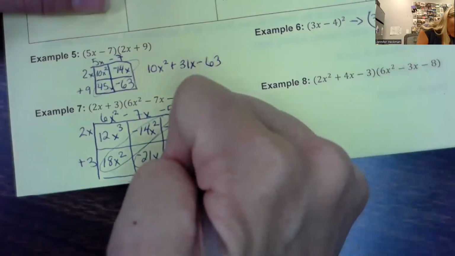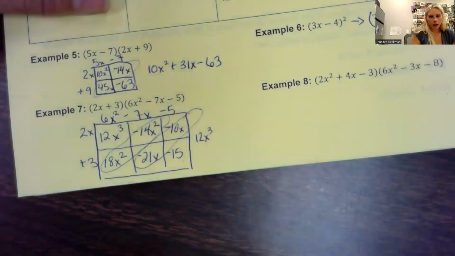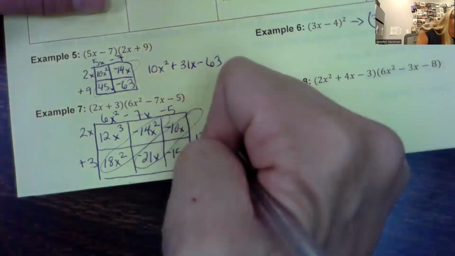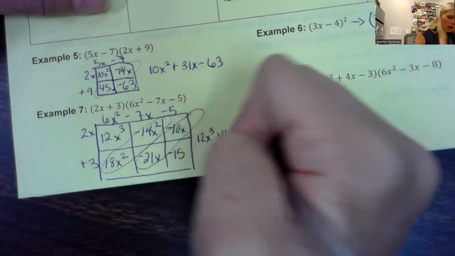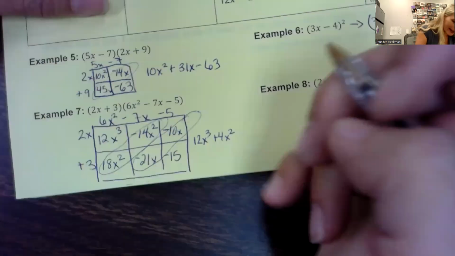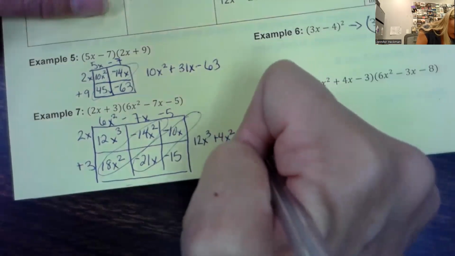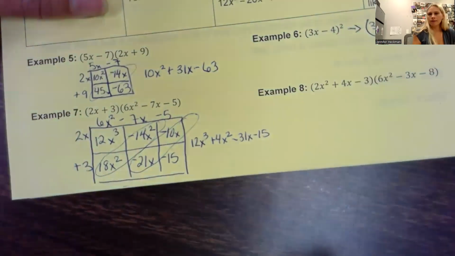Okay, so we have 12x cubed. Now be careful, this is 18 minus 14, which is 4x squared. We have a negative 21 and a negative 10, so that's a negative 31x, and then minus 15.